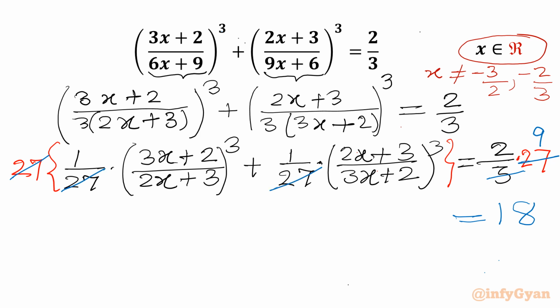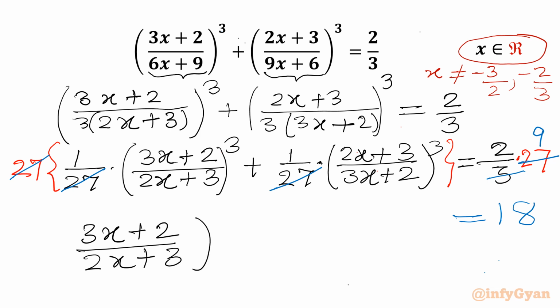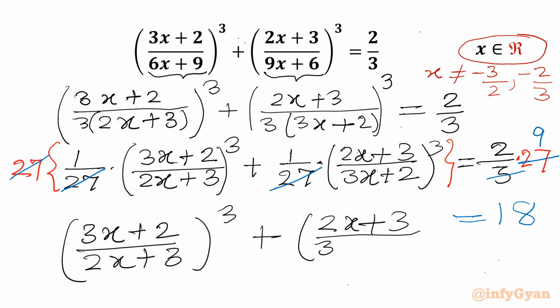So our equation will be 3x plus 2 over 2x plus 3 whole cube plus 2x plus 3 over 3x plus 2 whole cube equal to 18.